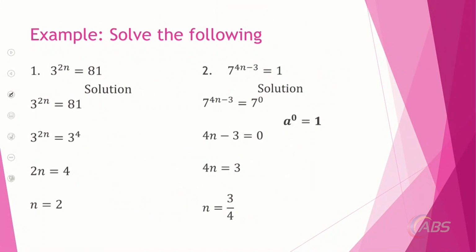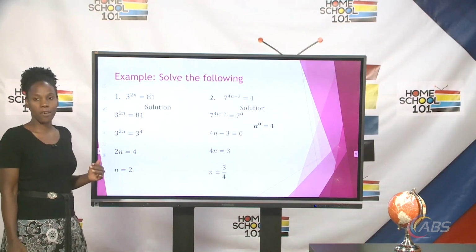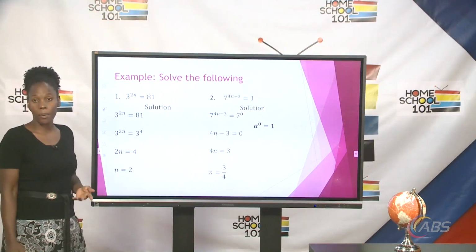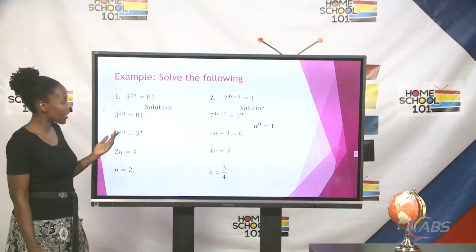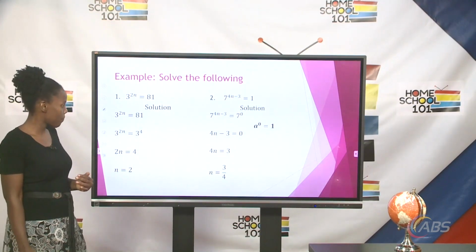For the first, I have 3 to the 2n is equal to 81. Now, on this side, I have base 3. I can't write 3 as any smaller base, so I need to look at 81 and see if I can write 81 in terms of base 3.